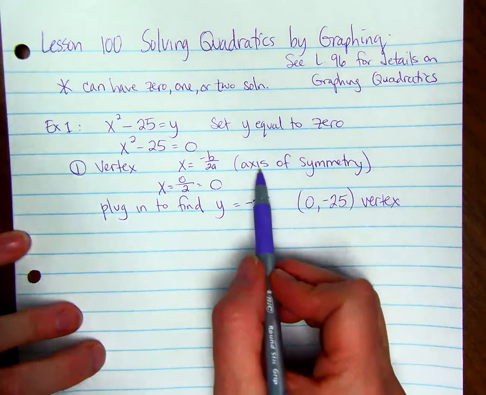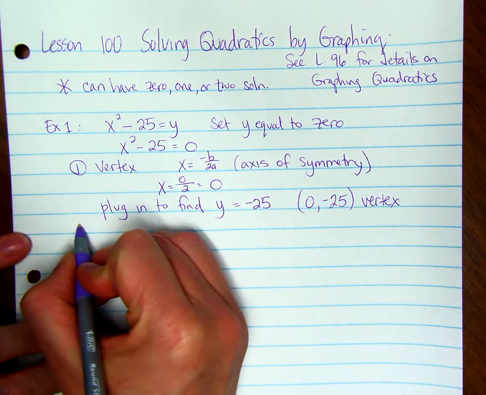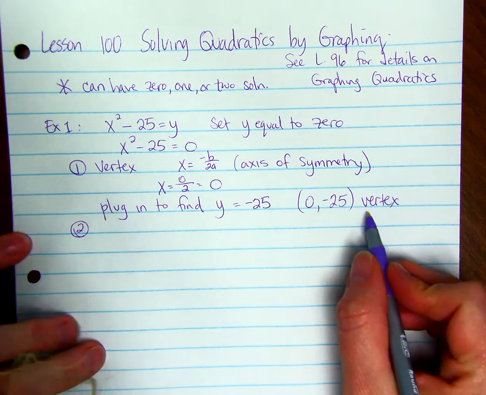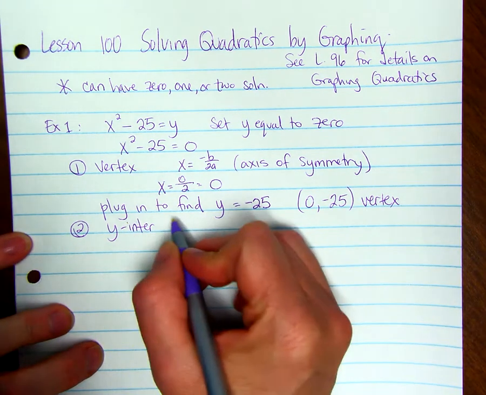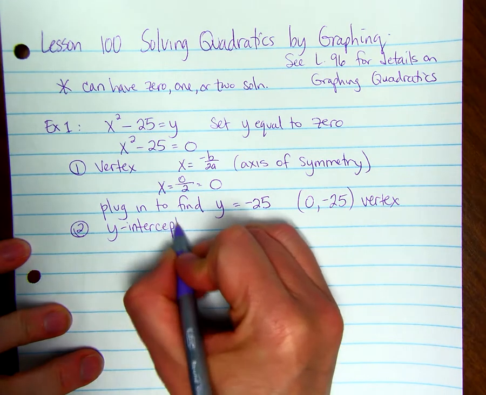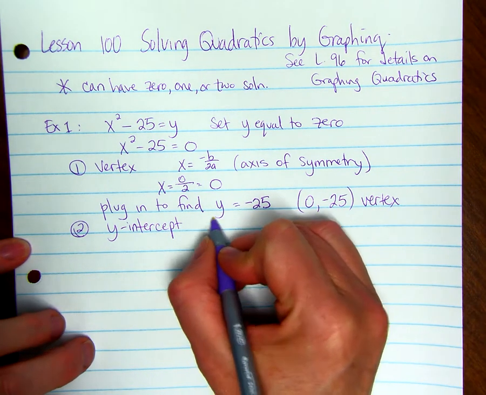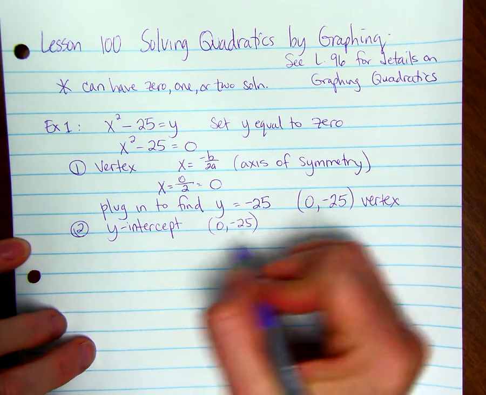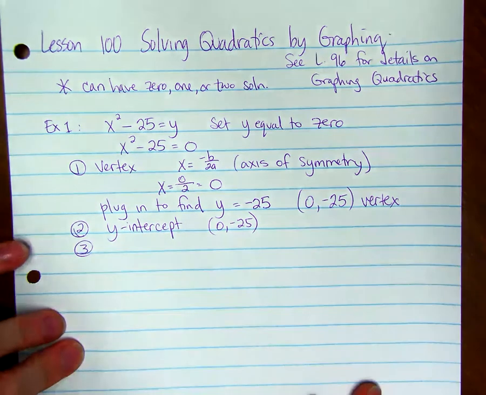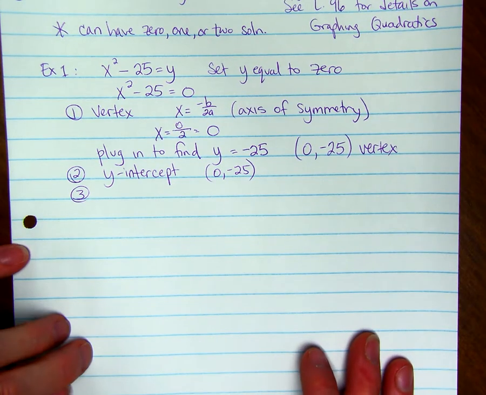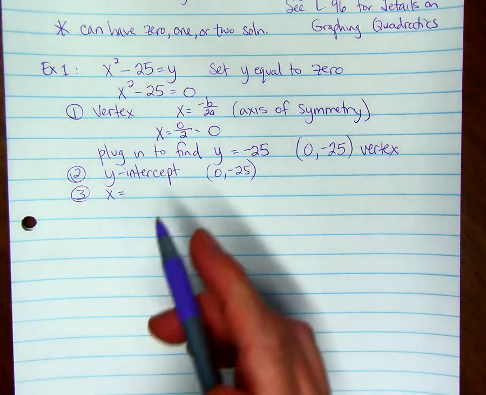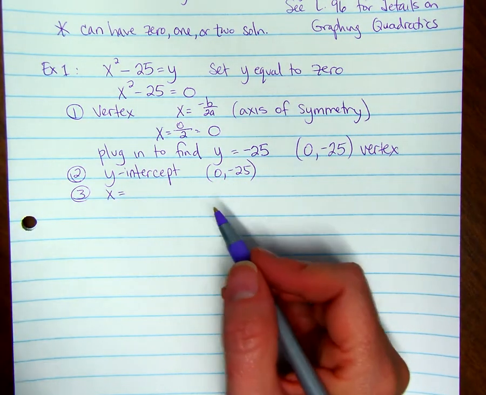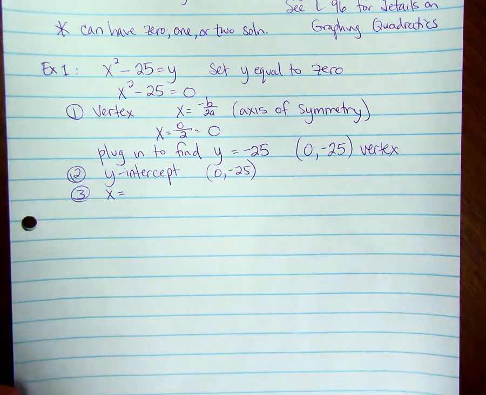So we found the axis of symmetry and the vertex. Then we know the y-intercept is when x equals 0, so we have it already. That's 0, negative 25. Then step 3, we plug in a couple more points for x on one side of the 0.